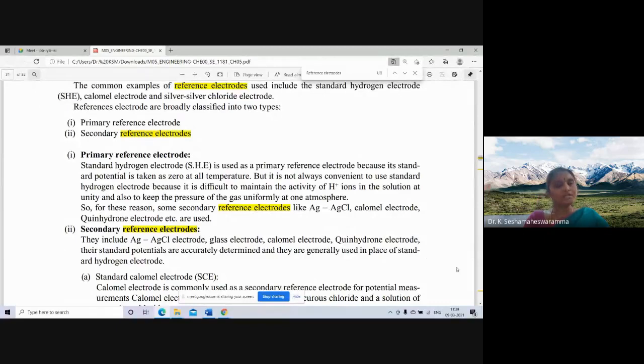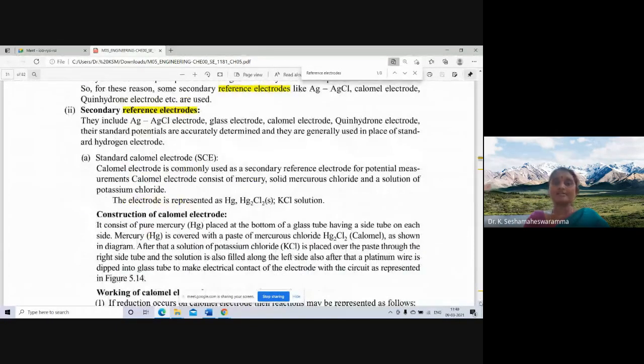They include the silver chloride electrode, glass electrode, calomel electrode, and quinhydrone electrode. Their standard potentials are accurately determined and they are generally used in place of the standard hydrogen electrode.